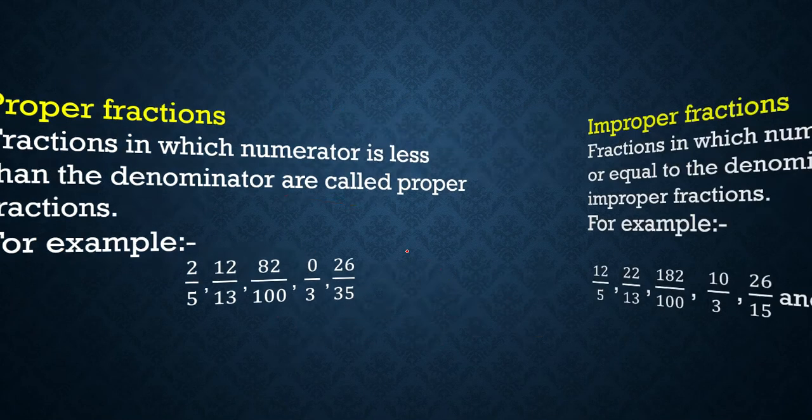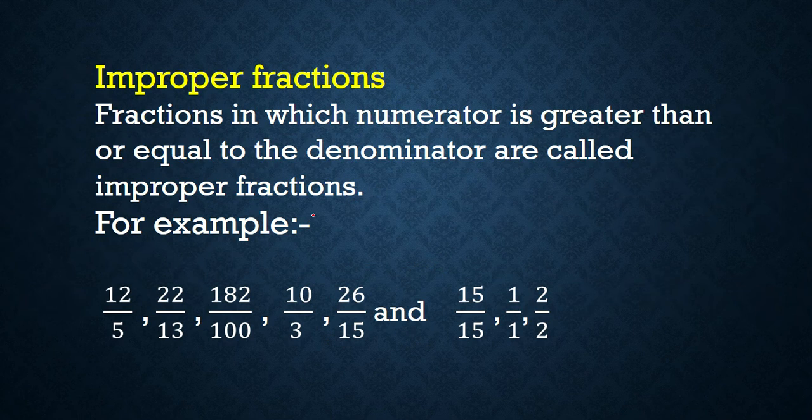Now next, improper fraction. When the numerator is greater than or equal to the denominator, it is called an improper fraction.